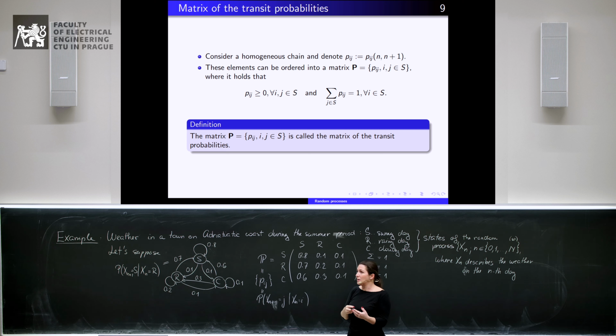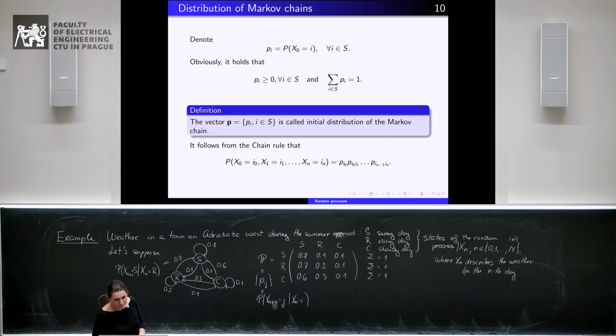Some of these three situations must happen. So the probability that it will be either sunny or rainy or cloudy together must be equal to 1. And so always when you construct this matrix, the sum in all the rows must be equal to 1 because the process must go to some of these states. So be careful when you construct this matrix and always check whether the sum in the rows is equal to 1.